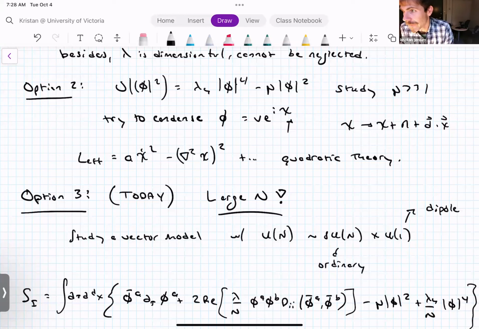You can find models with fractons, you can study renormalization, you can study systems with subsystem symmetry, all this other stuff, much of which we're doing in progress. At the moment, it would be great if other people do too. So with that, thank you very much for your attention.